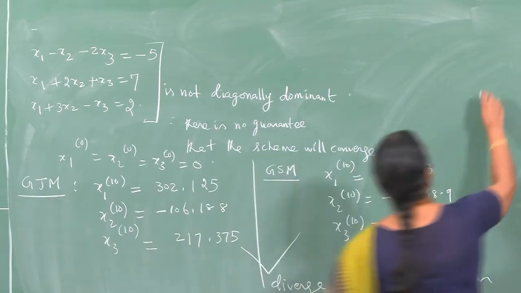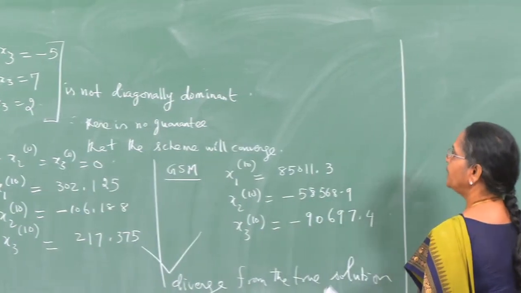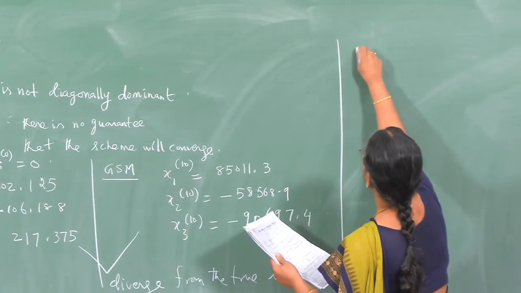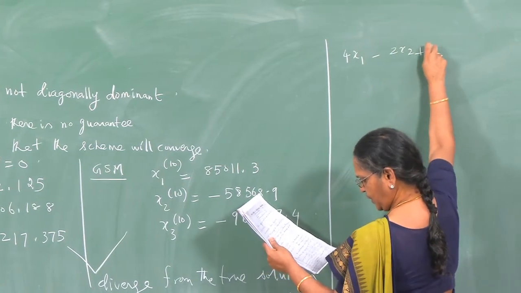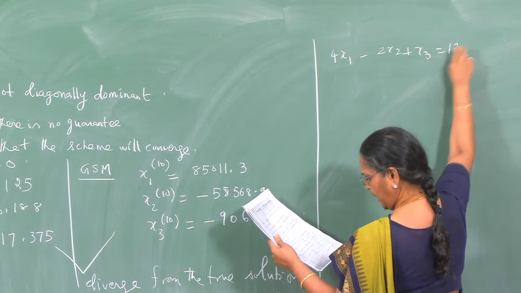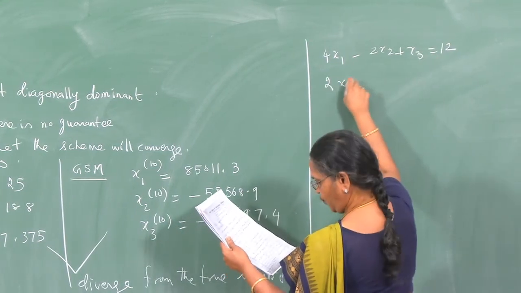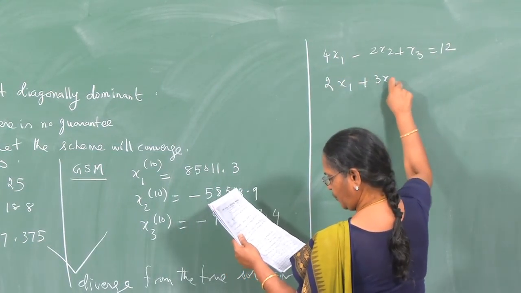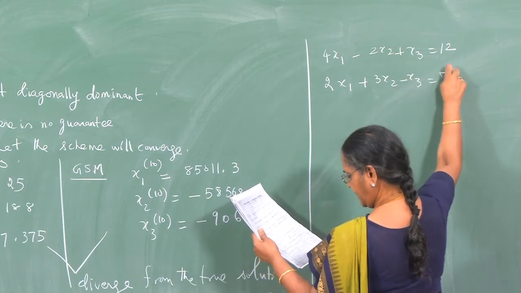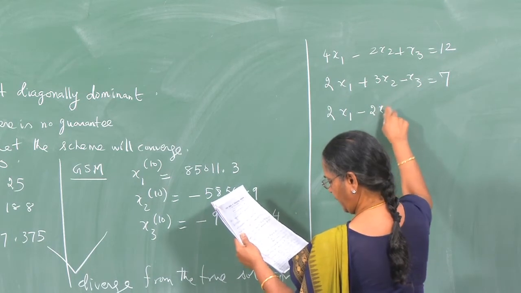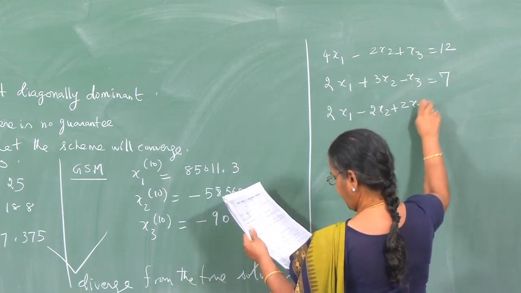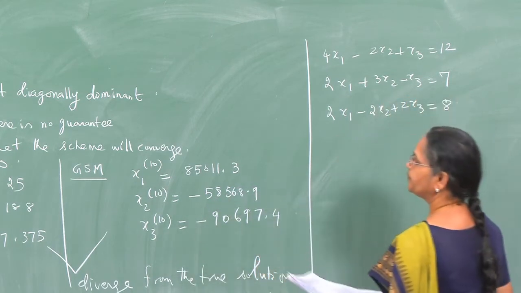Let us now consider another example. Suppose the system is 4x1 minus 2x2 plus x3 is 12, 2x1 plus 3x2 minus x3 is 7 and 2x1 minus 2x2 plus 2x3 is 8.